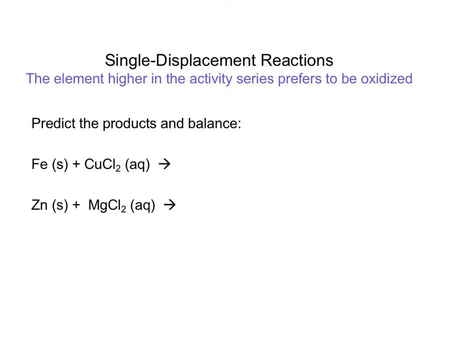So if you start out with iron neutral here and mix it with copper +2, then you're going to get iron 2+. So the product here, in other words, the reaction will occur.